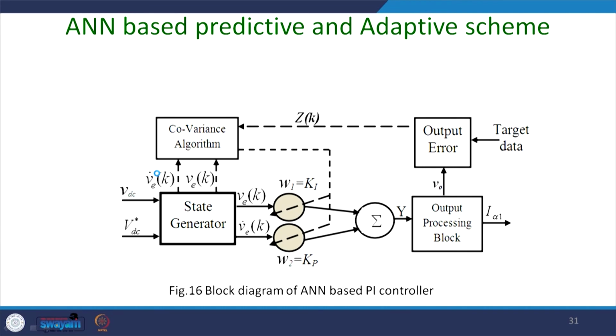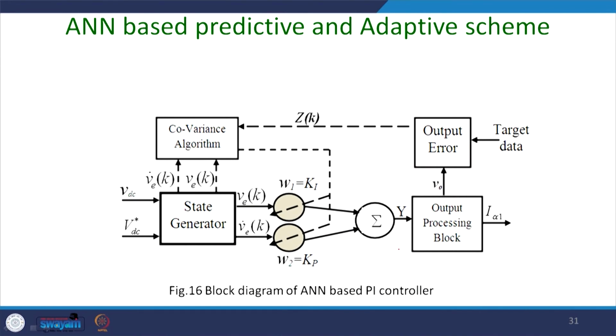Now, this is the tuning of it. Essentially, we tune the weights of the NN, and these weights are essentially the values of IP and IQ, depending on how closely you can match. You have the target data and the error data. A covariance algorithm is used here; you can use any other algorithm, such as backpropagation.